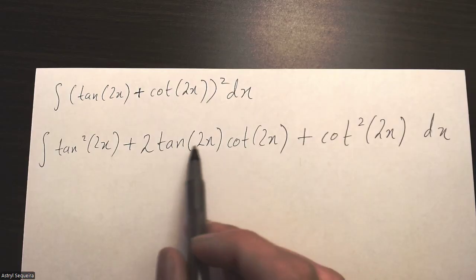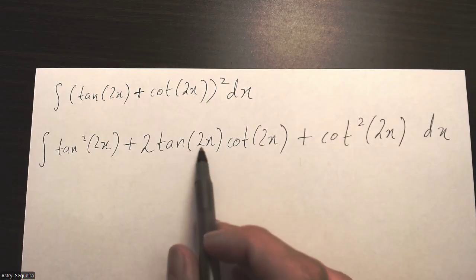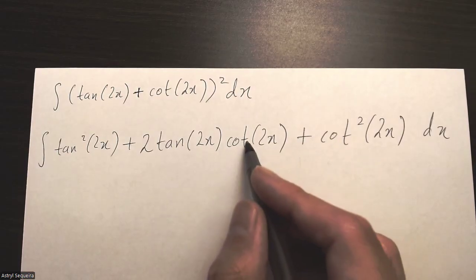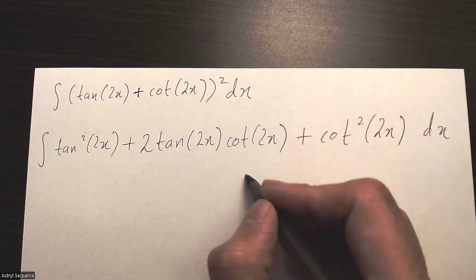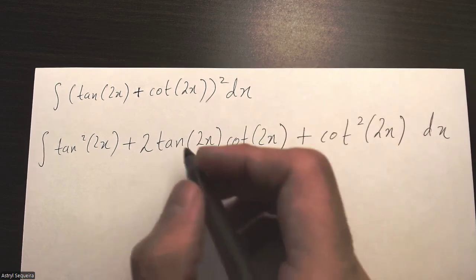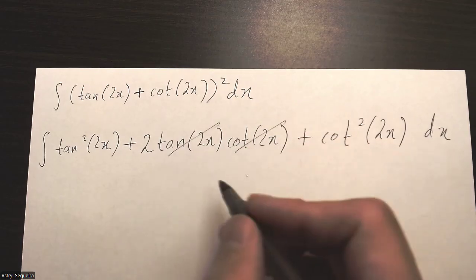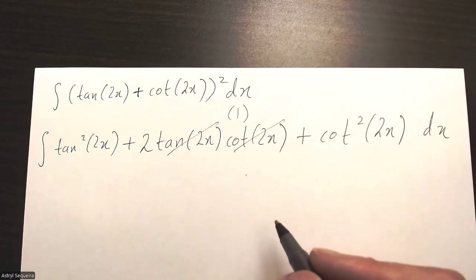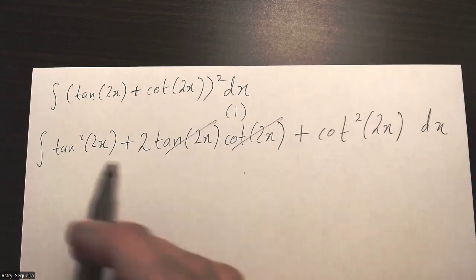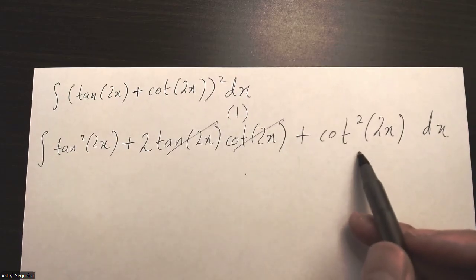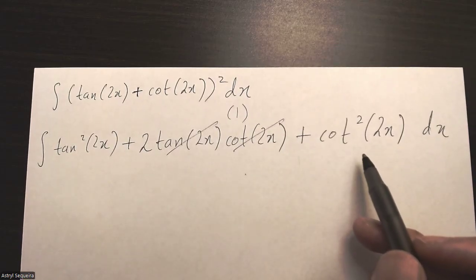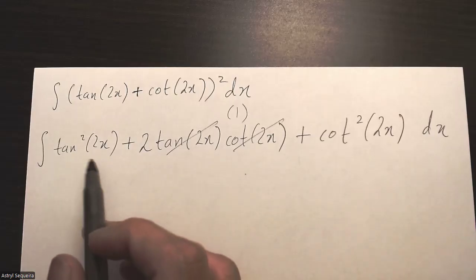I know that tan times cot, if you have the same thing in the bracket, tan times cot is 1 because cot is just 1 over tan, and then the tans will cancel. I know these two cancel to just give me 1. And then I need to get rid of tan squared and I need to get rid of cot squared. So I'm going to use my trig identities over here.